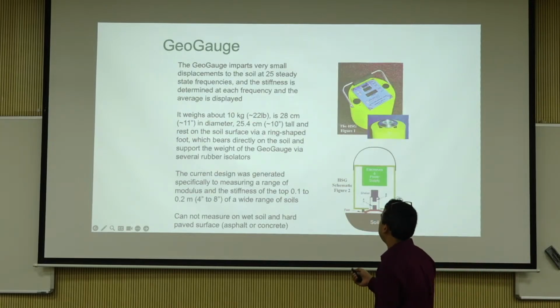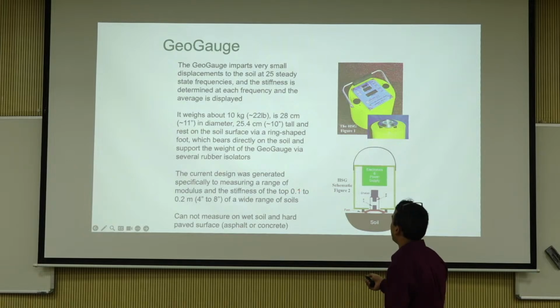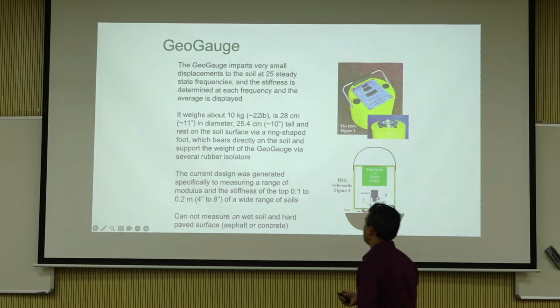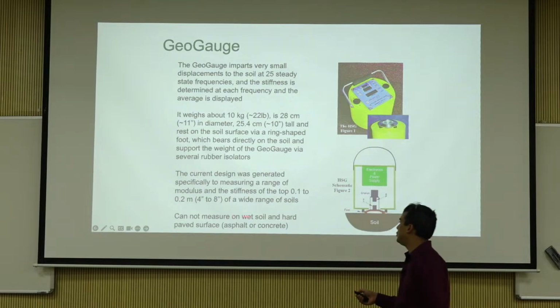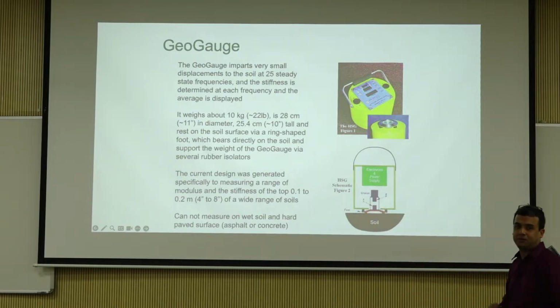There's a 10 kg weight, and it applies different frequencies, and then it just measures your modulus and stiffness. And it gives a modulus of the top 0.1 to 0.2 meter, like 4 inches to 8 inches, of a wide range of soils. It cannot measure on wet soil and hard paved surface. So not at all on a stable base or something.